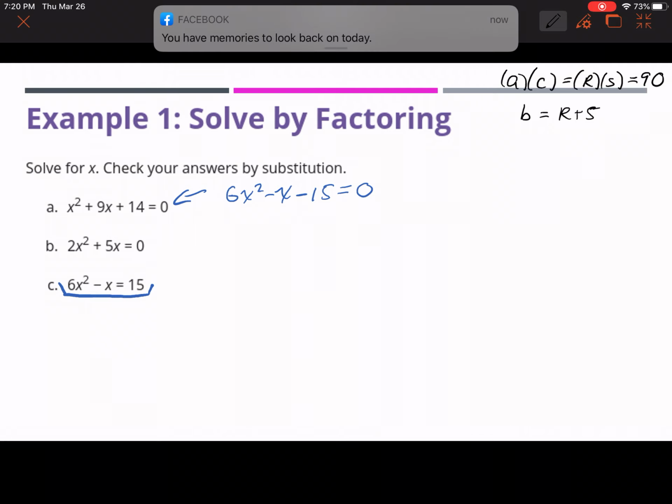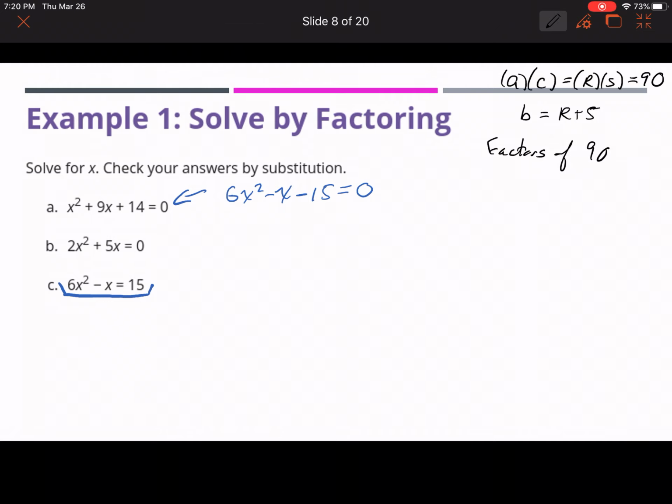So we need to find the factors of 90. So we have 90 and 1, and sorry, not 90, negative 90.